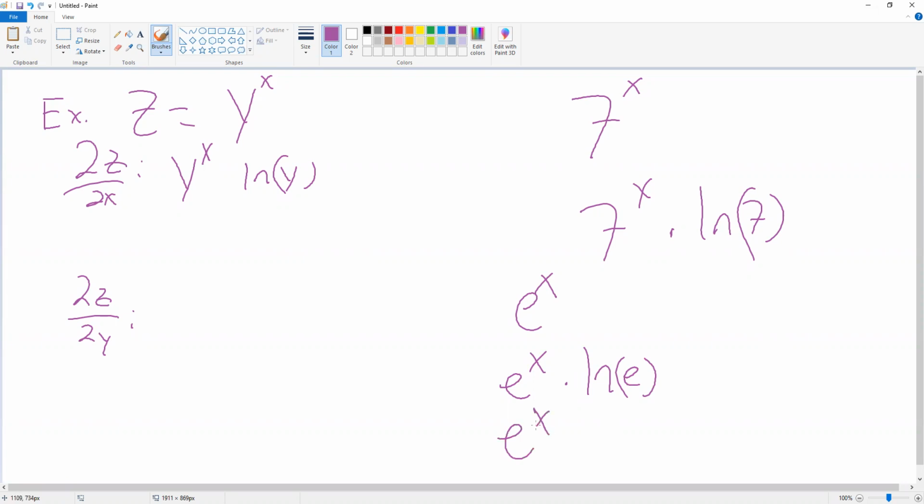We take the derivative of this to get the y to the x down, and we get the ln of y. What about in the y case? What are we going to get? Y to the x minus 1 whole times x. So we're gonna have x, y to the x minus 1. You see that, right? Amazing, right?